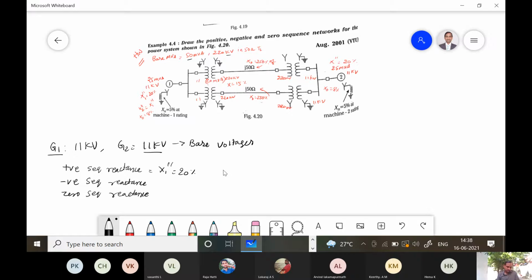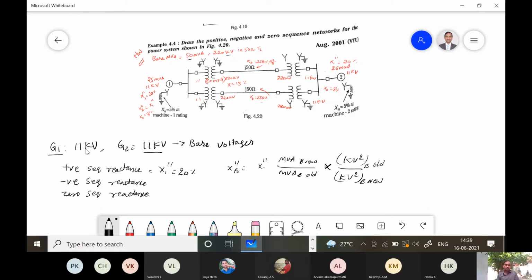X double dash per unit is equal to X double dash in percentage, j0.2, into MVA base new by MVA base old, multiplied by kV squared base old by kV squared base new.